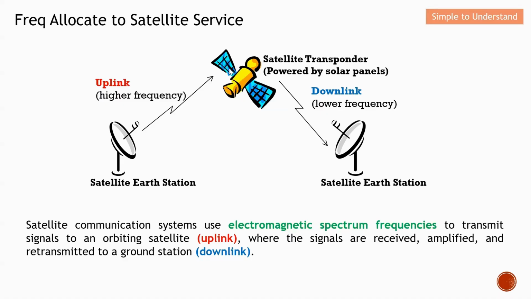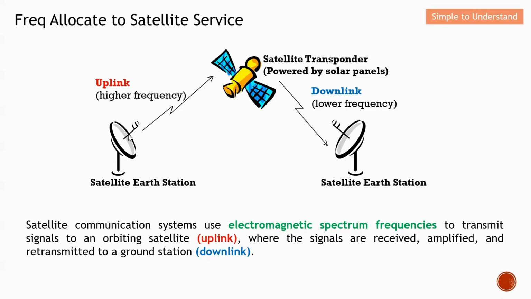From this diagram here, you probably can see that there are actually 2 frequencies. We have the uplink and also the downlink frequency. For satellite communication, they in fact use the electromagnetic spectrum frequency to transmit signal to an orbiting satellite, which is known as uplink. So from here, you can see that this is actually the satellite Earth station.